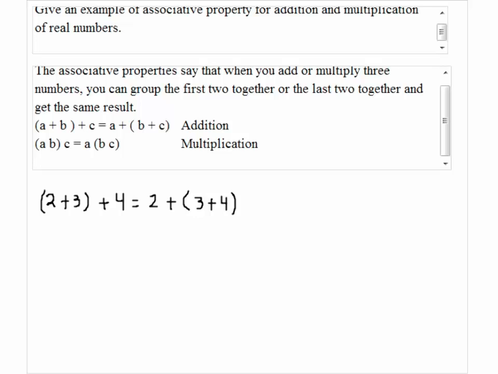For multiplication, if I have 3 times 5 times 6, that would be the same as multiplying 5 and 6 first and multiplying the result by 3. That would be an example of associative property for addition and multiplication.